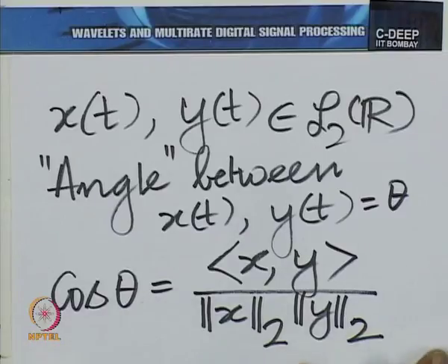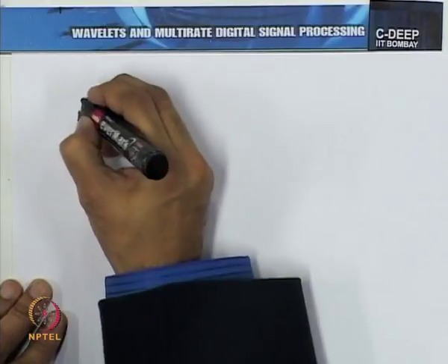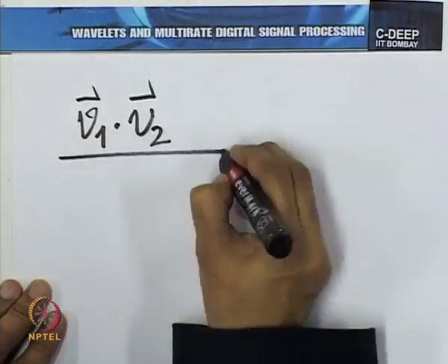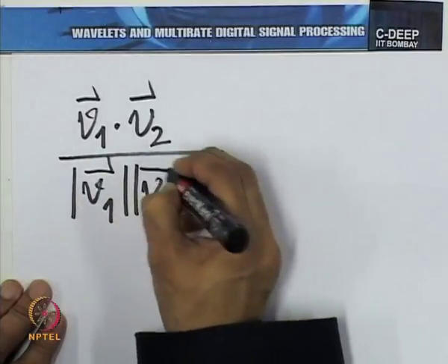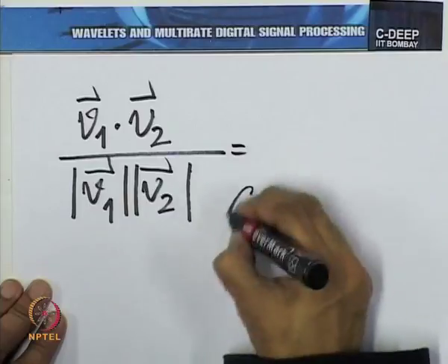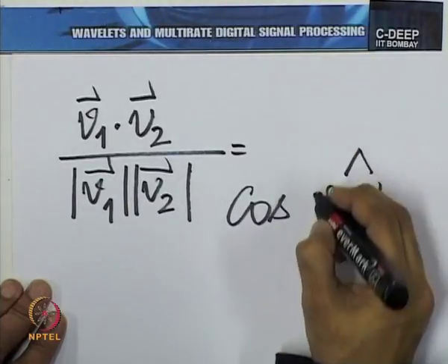Now, this is very similar to the idea of a dot product between two vectors. If you recall, if you have two vectors, let us say v1 and v2, then v1 dot v2 divided by the magnitude of v1 and the magnitude of v2 gives us the cosine of the angle between v1 and v2.